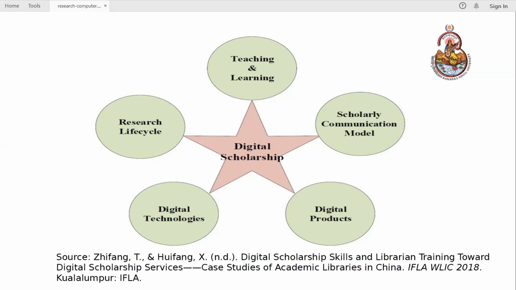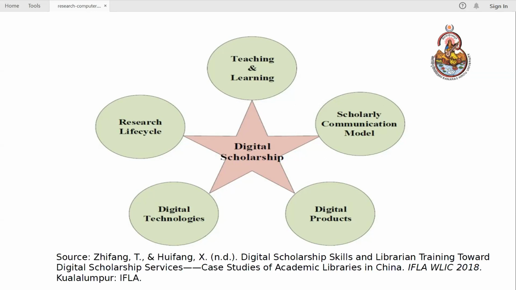And for all this, the technology we are using is digital technology. So the whole life cycle of our academy, including our research, is being digitalized because of the use of digital technology.